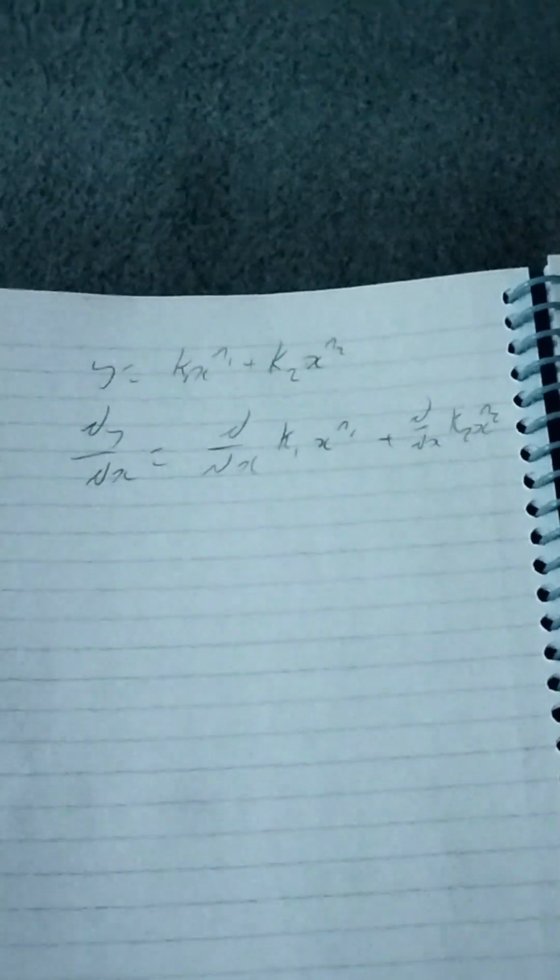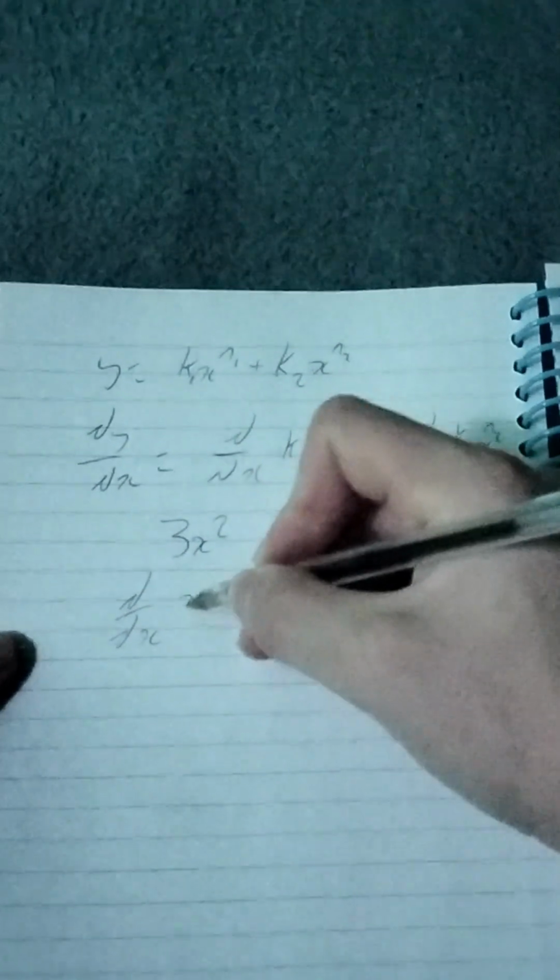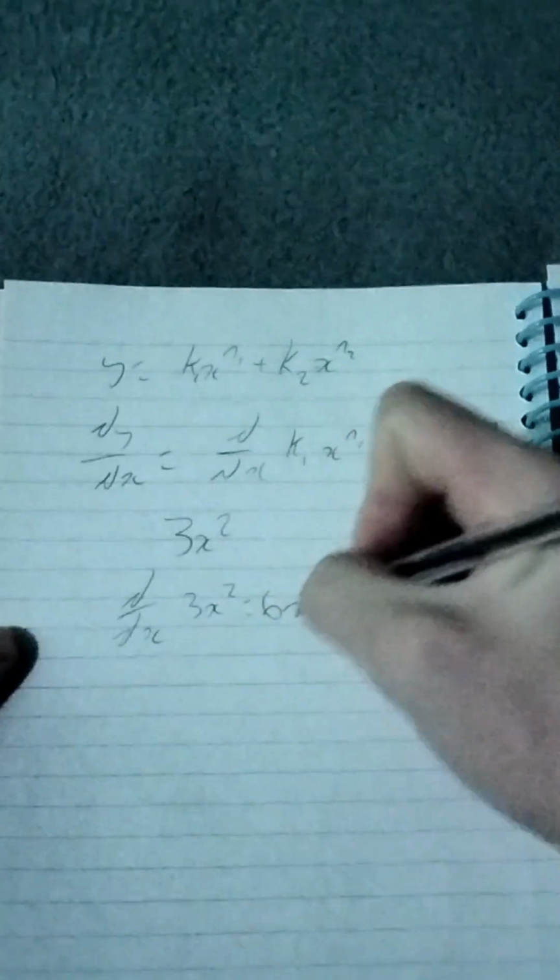The thing to note here, I have not told you what d by dx is. That's differentiating, but without saying y is equal to something. So if you just had the expression 3x squared, d by dx of 3x squared equals 6x.